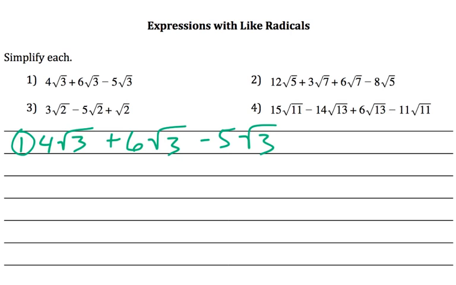I'll do this in 2 steps, even though you'd probably be okay saying 4 and 6 is 10 minus 5 is 5. So first I'll combine 4 and 6 to get 10 times the square root of 3, because those both match up. Then I'll rewrite minus 5 square root of 3, so that both the top and bottom lines now match. And when I move on, 10 minus 5 gives me 5, and I have 5 square root of 3.